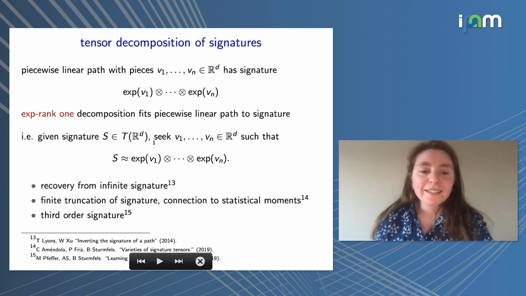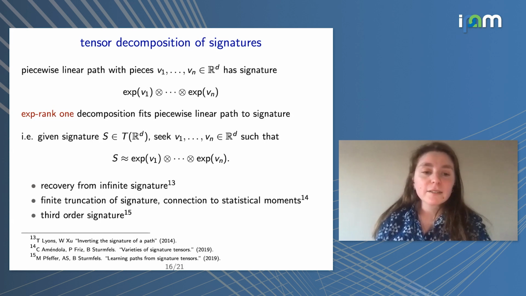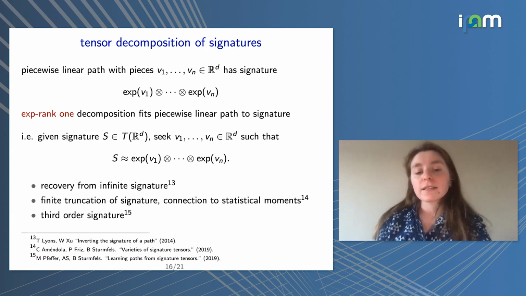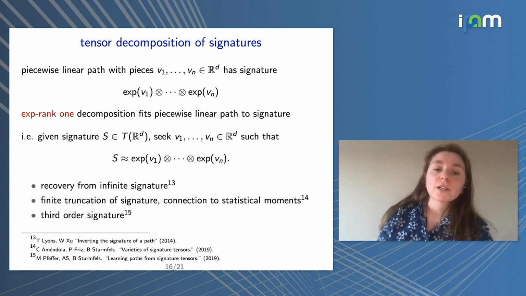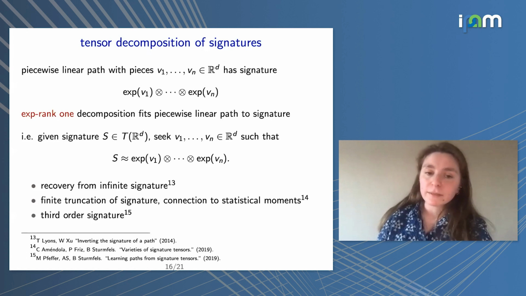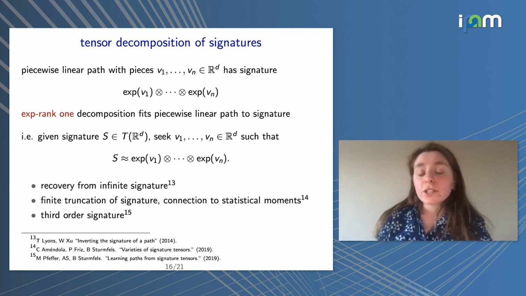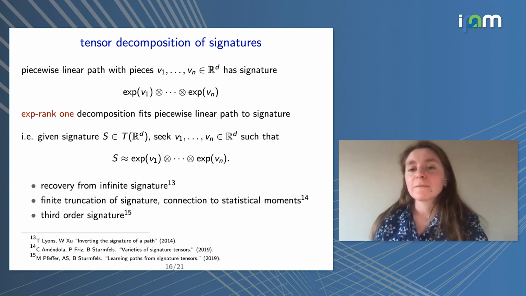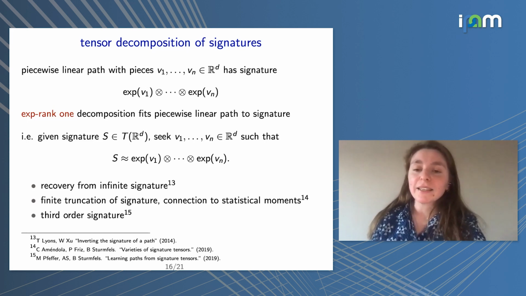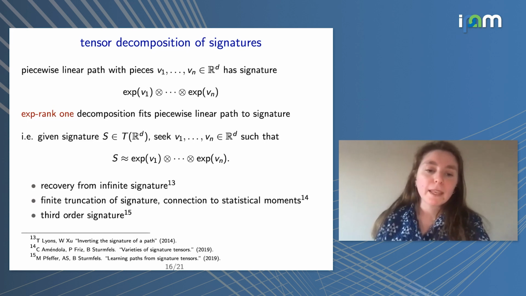And this has been studied in some different cases. In work of Lyons and Xu on inverting the signature of a path, they look at recovery from possibly infinite signature, or looking at finite truncation in this paper of Améndola, Friz, and Sturmfels, where they also discuss nice connections between the signature of a path and the moments of a probability distribution.